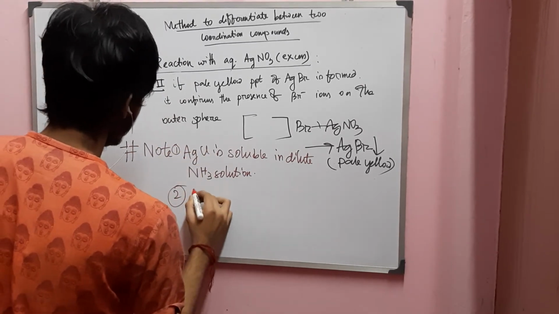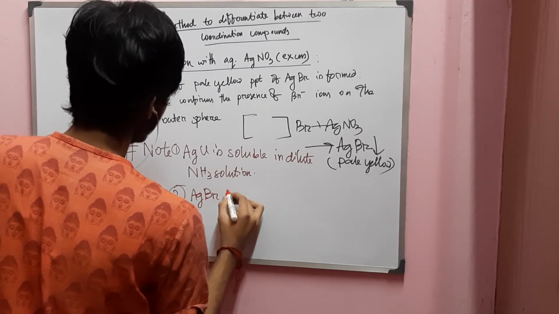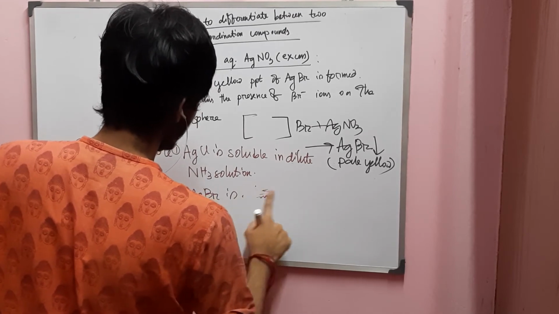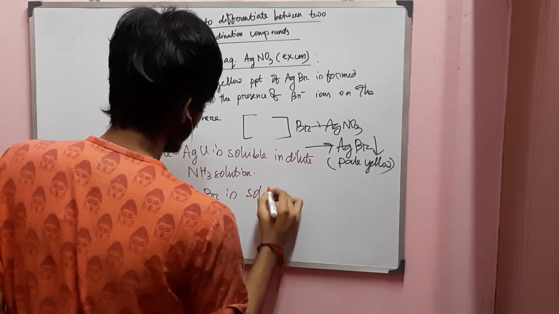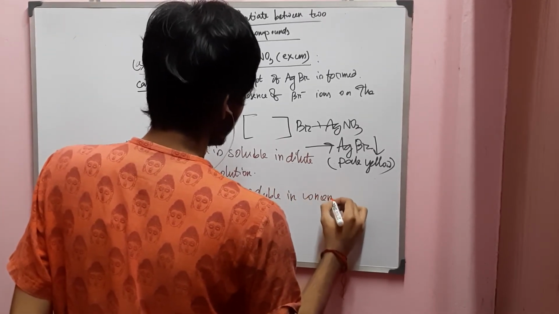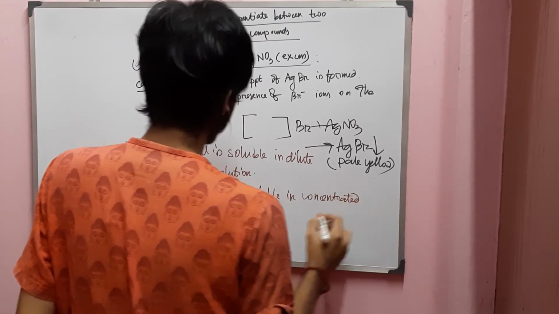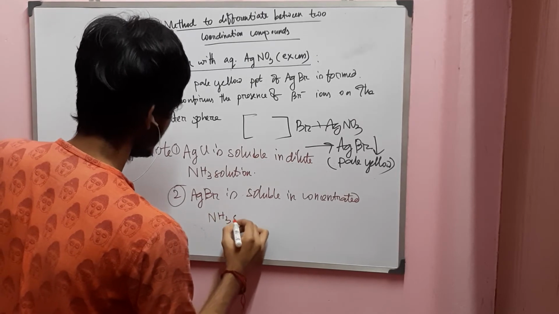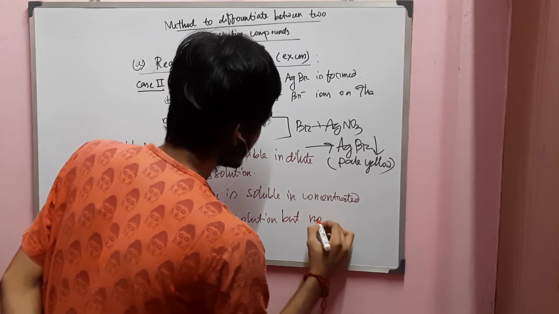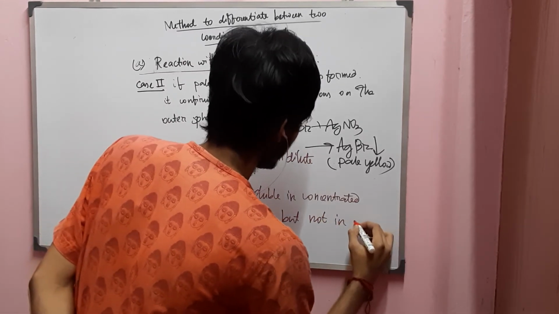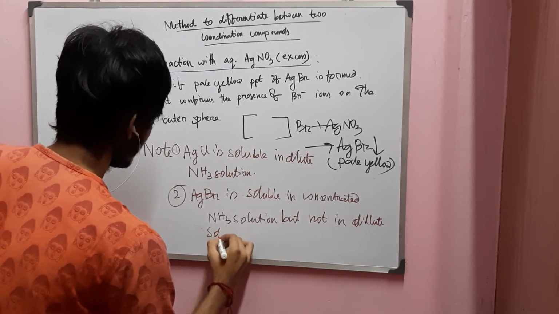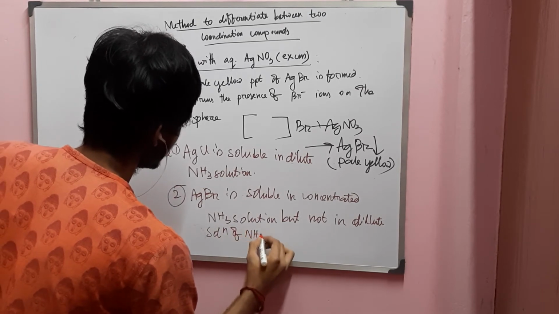And the second point is, AgBr is soluble in concentrated NH3 solution, but not in dilute solution of NH3.